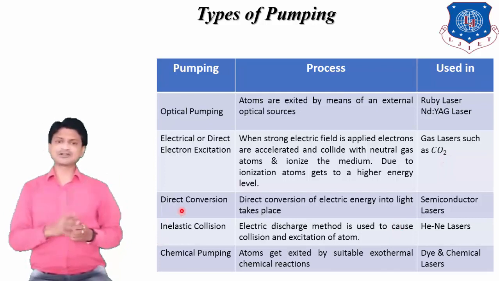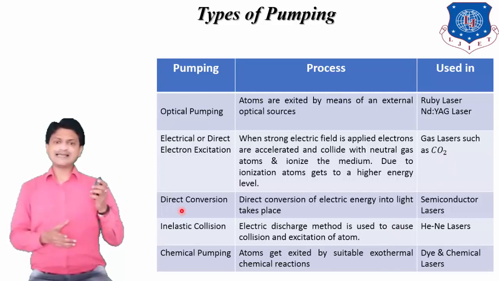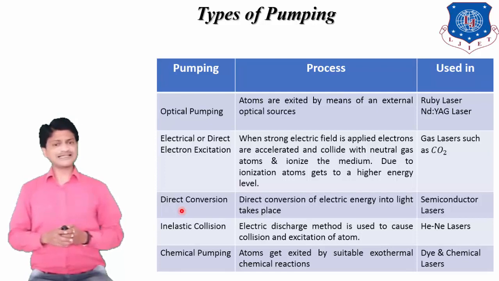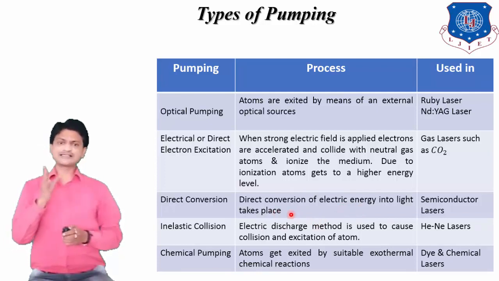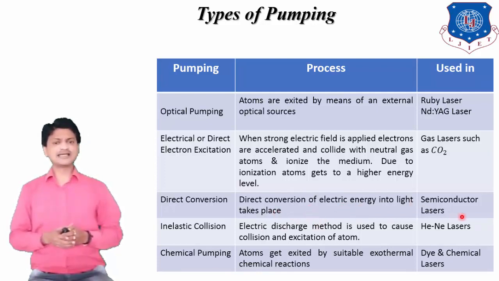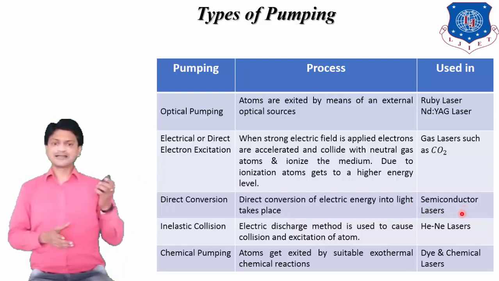Now direct conversion. Here direct conversion of electrical energy into light takes place. In this type of pumping, we convert the electrical energy into light directly. This type of pumping is used in semiconductor laser. Then next is inelastic collision.